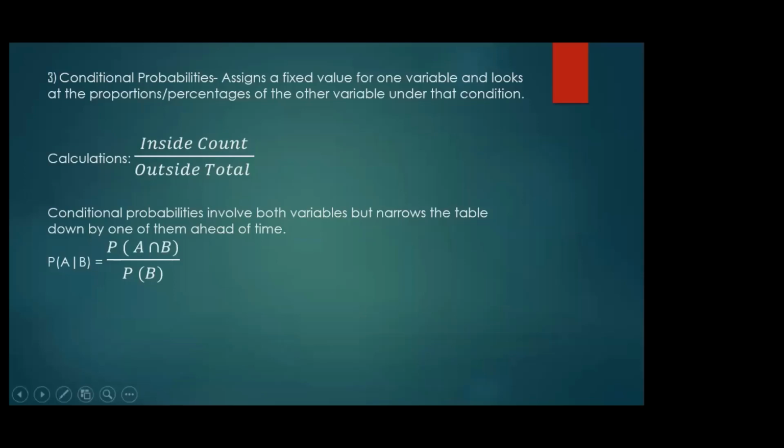It's equal to the probability of A intersect B divided by the probability of B. Whatever comes after the given sign is normally in your denominator, and your numerator is represented by an intersection.